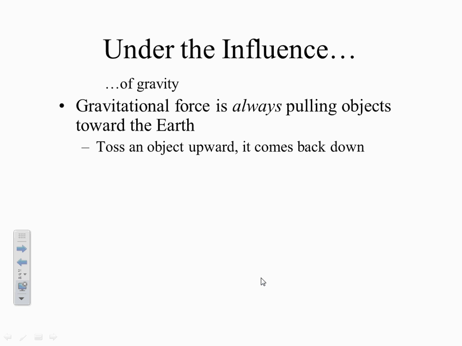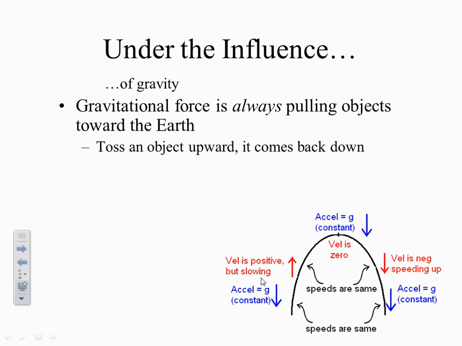What's happening to the acceleration? The acceleration is constant, 9.8 downwards. The acceleration does not go from positive to negative and 0. That is a very common misunderstanding. You throw a ball upwards, and it goes upwards and then downwards, right? The acceleration is always little g, and it's always downwards.